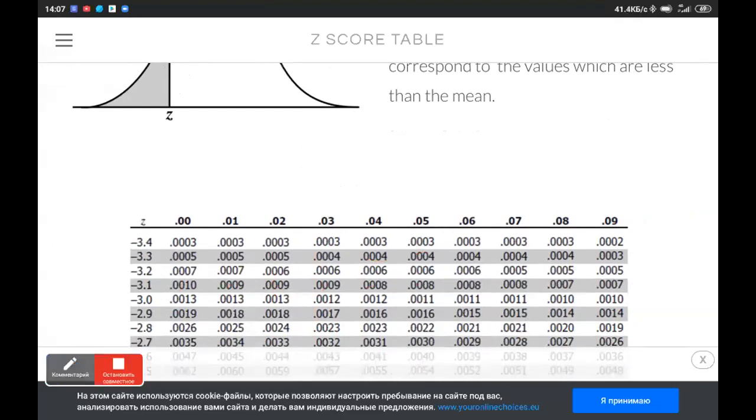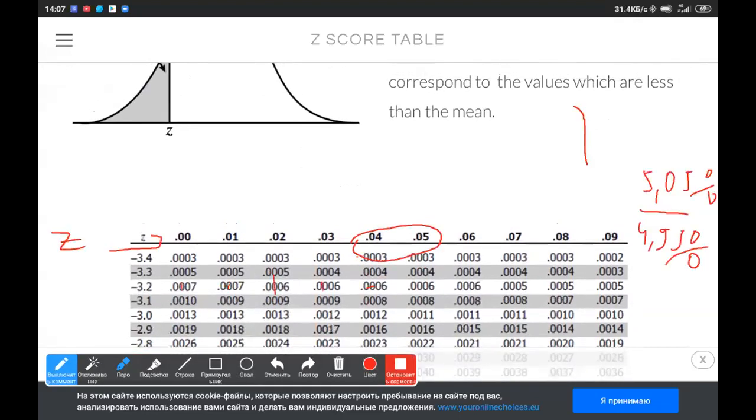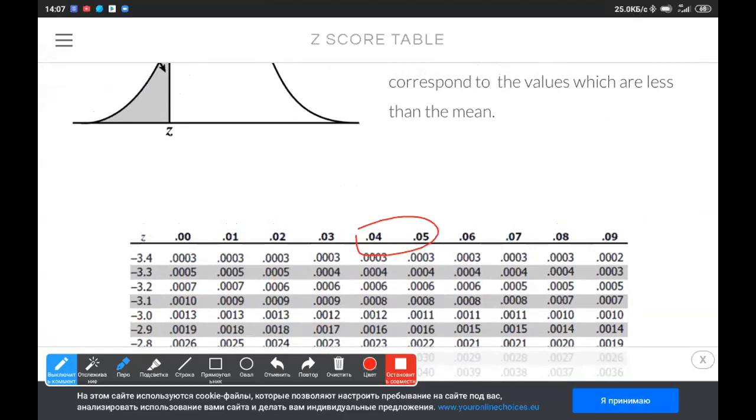Oh, sorry. I need to move it a bit. And I better clean it up. So that's these two columns. Right in the middle between them is 0.045, and we know that for this part we had minus 1.6.